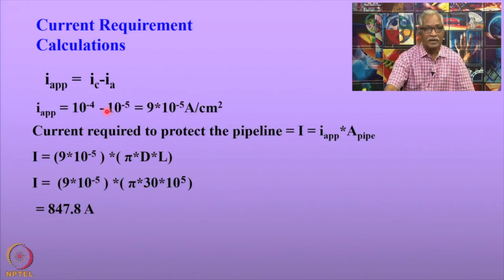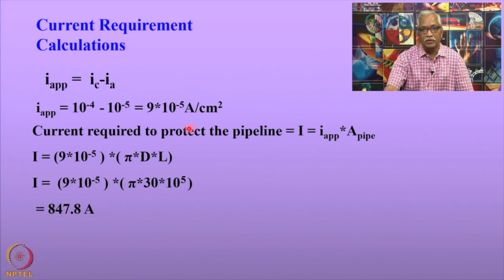So, the problem becomes somewhat simple, because the cathodic current density is constant because of the fact that the corrosion is diffusion control. Now, this difference of 10 power minus 4 to 10 power minus 5 gives rise to 5 into 10 power minus 5 ampere per centimeter square, which is the current density required per centimeter square area of the sample.